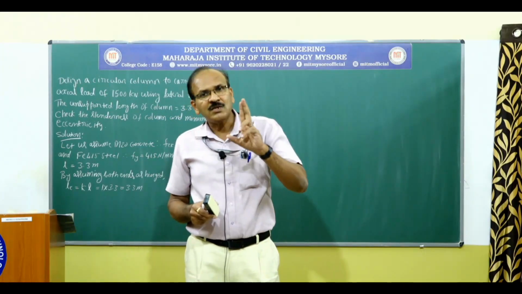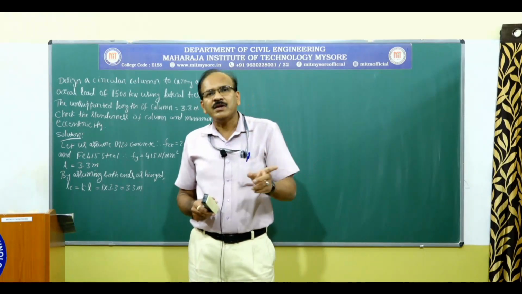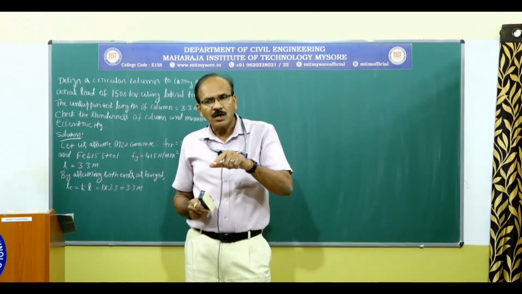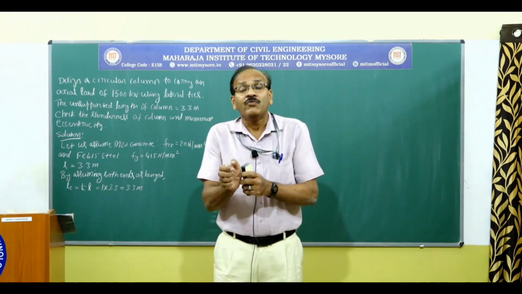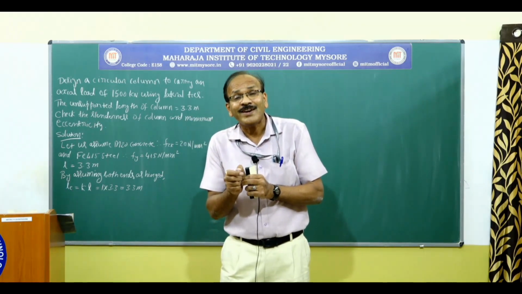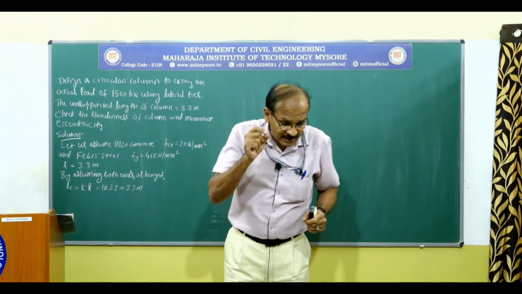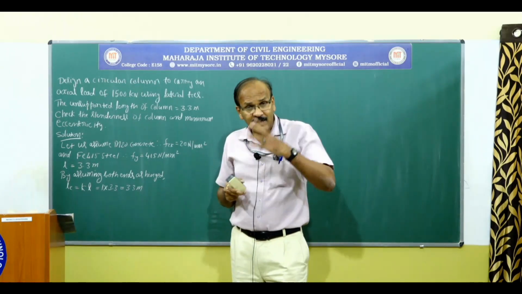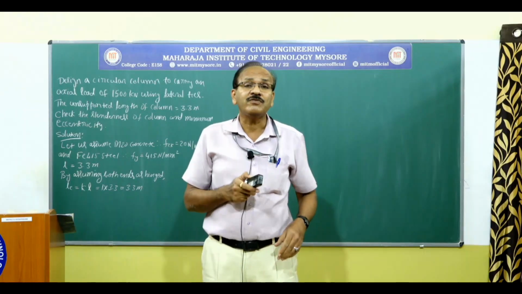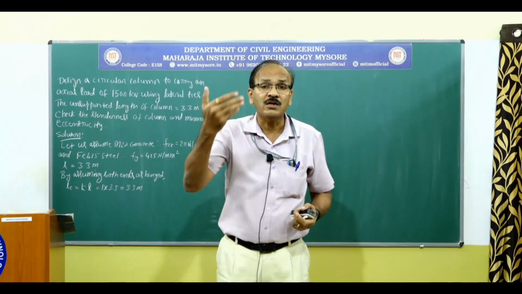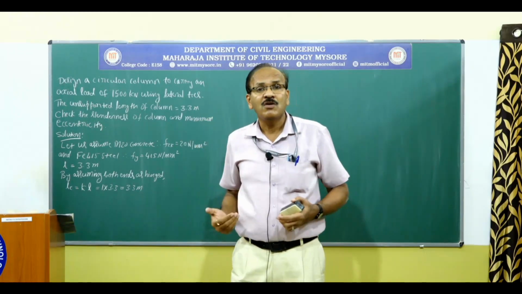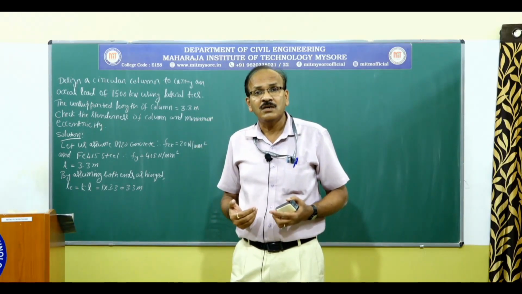So in the absence of the diameter, not knowing it, here we cannot find out the slenderness ratio of the column. So we cannot say whether the column is long or short.